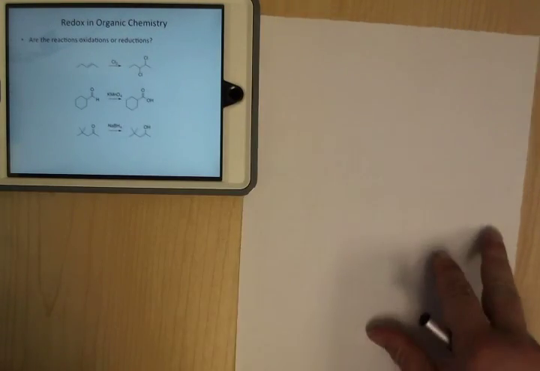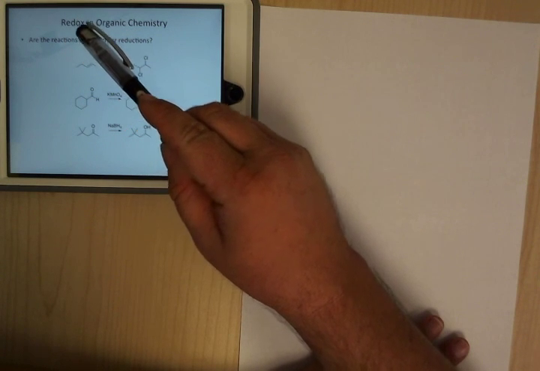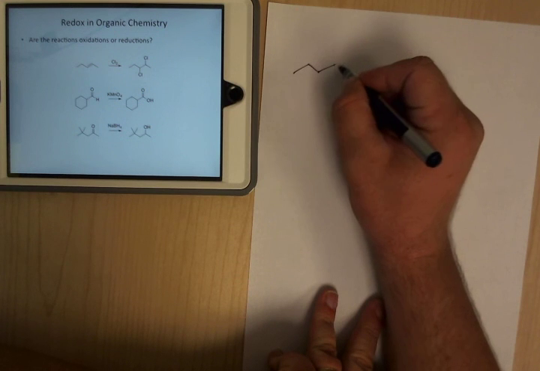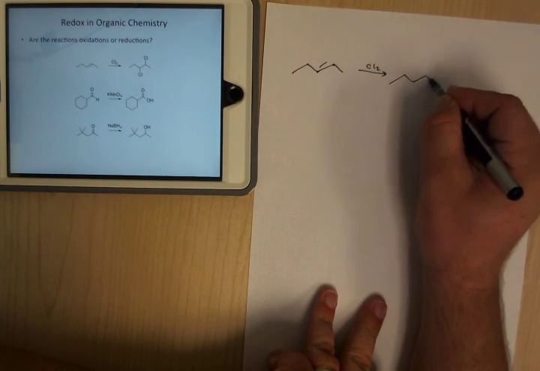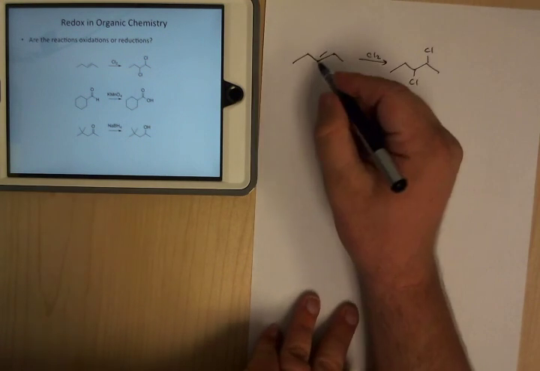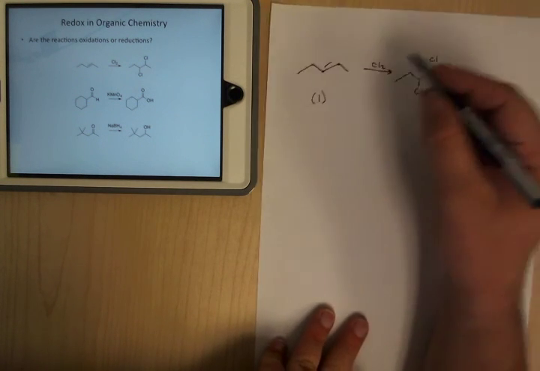Okay, so here we go. Are these oxidations or reductions? So we're going here, chlorine. What are we looking for?